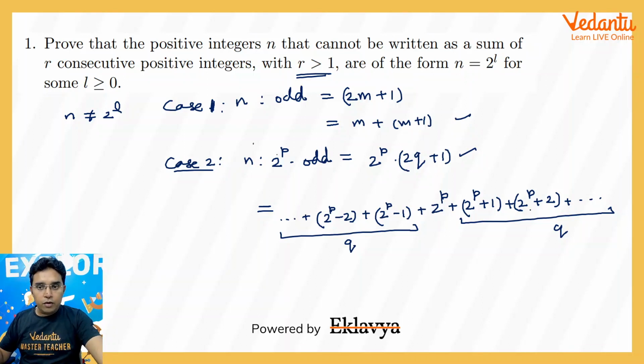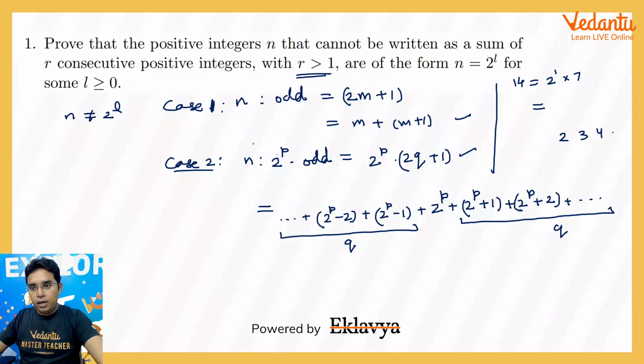Now, to give you an example, let us take 14. 14 is 2 power 1 into 7, and 7 is an odd number. If I do the same thing, I can write 2 here, 3, 4, 5. So 3 numbers I have written here, and I am writing 1, 0 and minus 1 here.